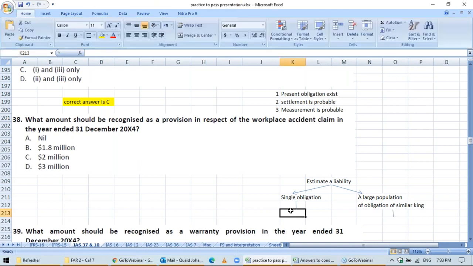One is the case of employee accident, and the second one is warranty provision. So what happens in case of employee accident?